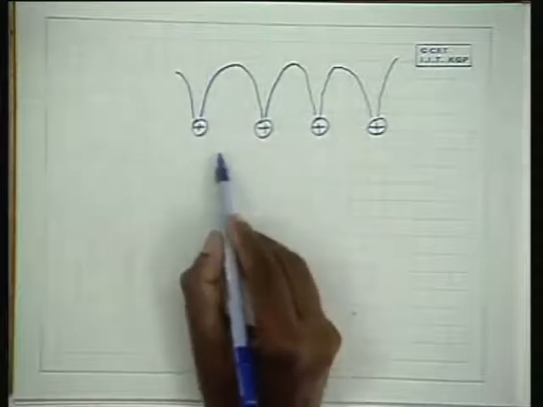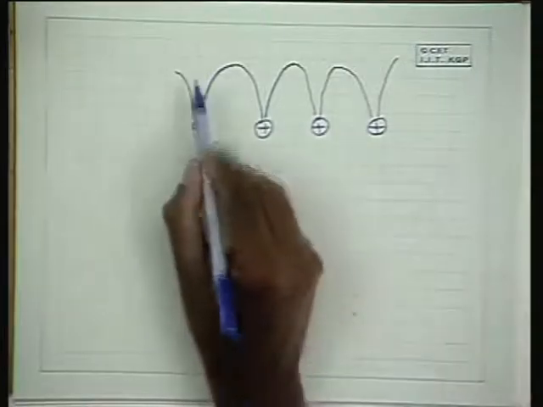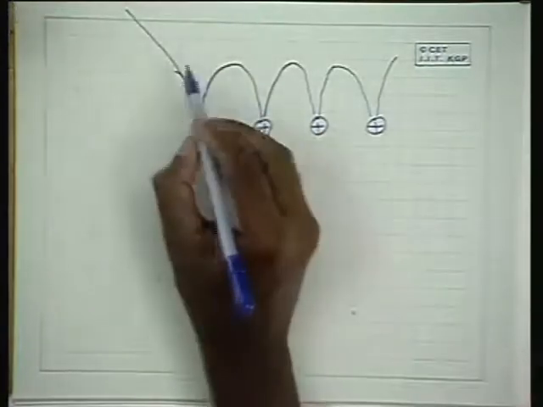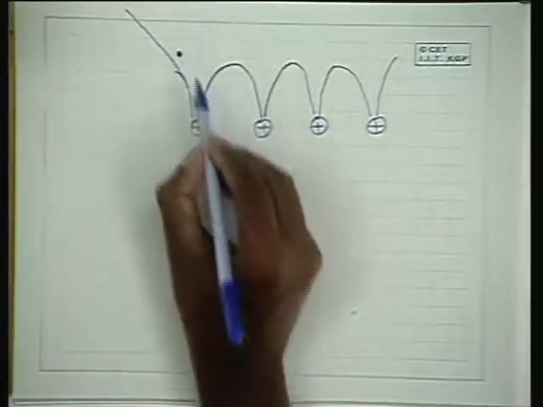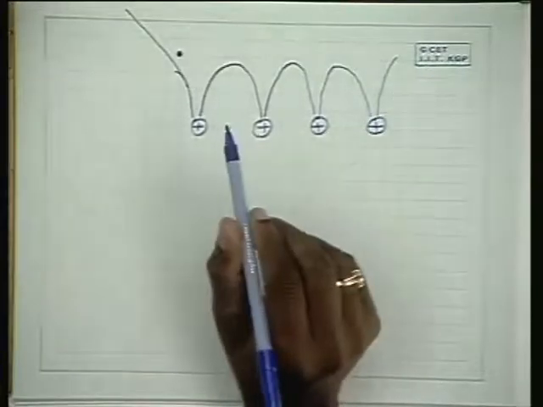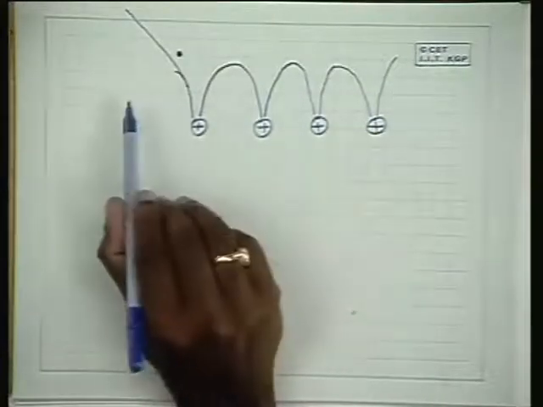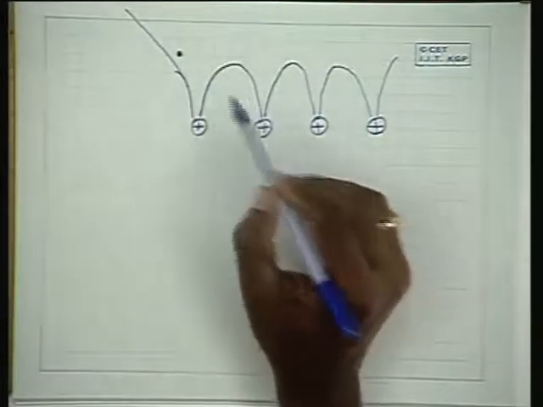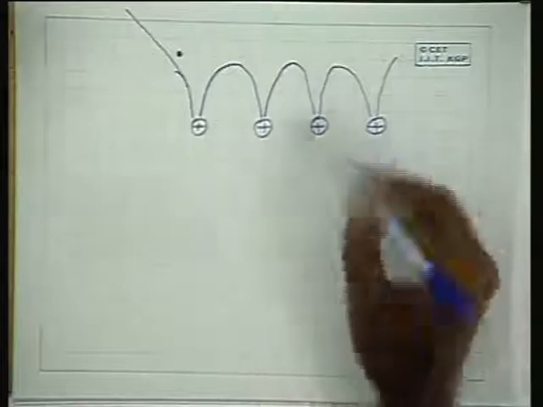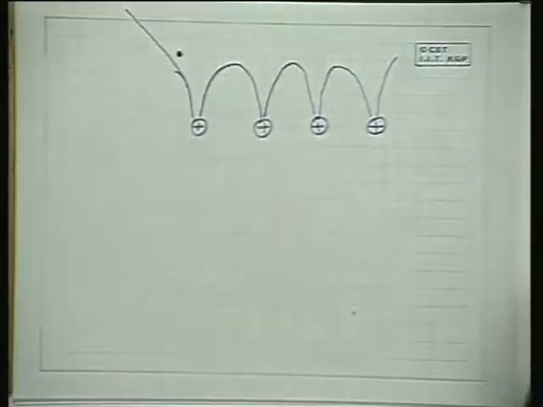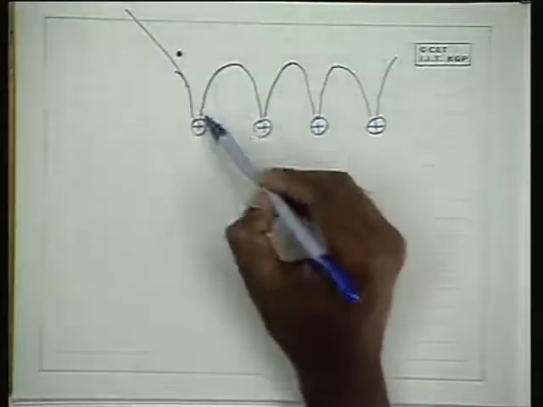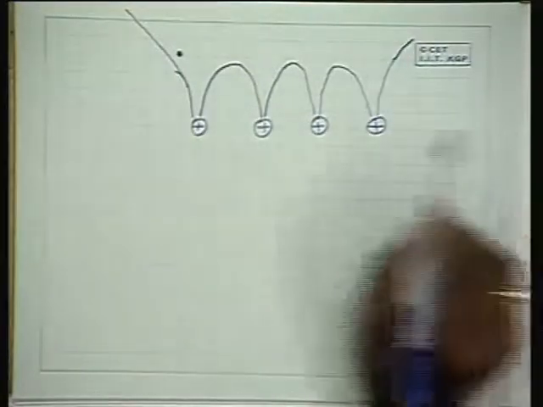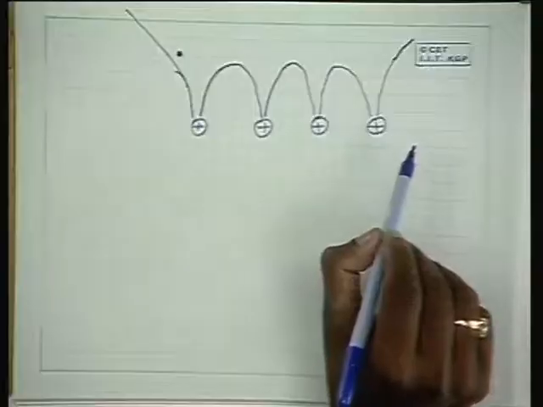If this is the end of the material, naturally the potential would be like this. So, if a particle is moving in this field, it is not a no-field situation; there is a potential distribution of this type, and potential gives rise to a field. So, there is a potential of this type as an electron passes by this lattice.